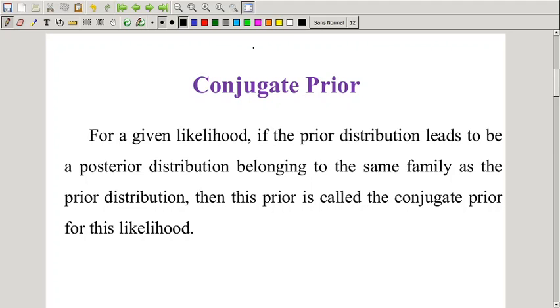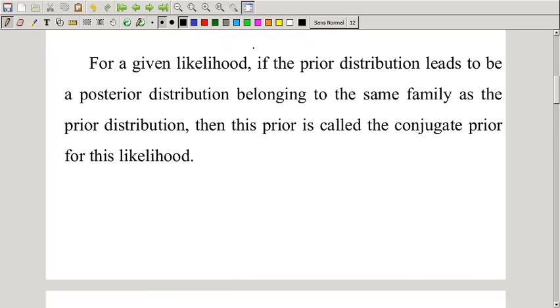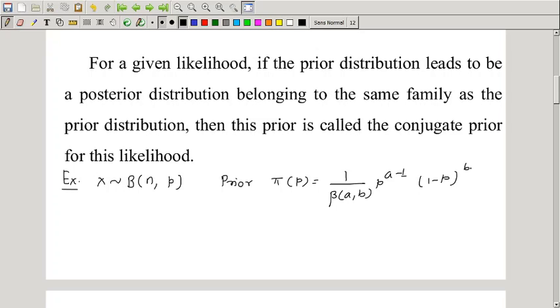For example, in the last lecture we have seen one example, that is if your x follows binomial with n comma p, and your prior distribution, that is pi of p, is 1 upon beta a b, p raised to a minus 1, 1 minus p raised to b minus 1.